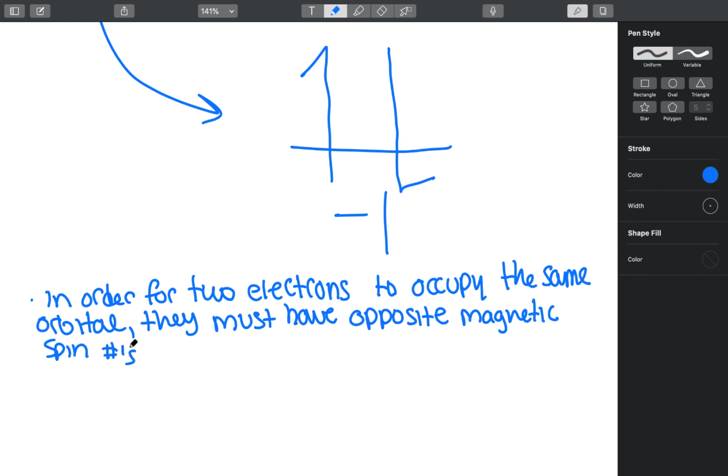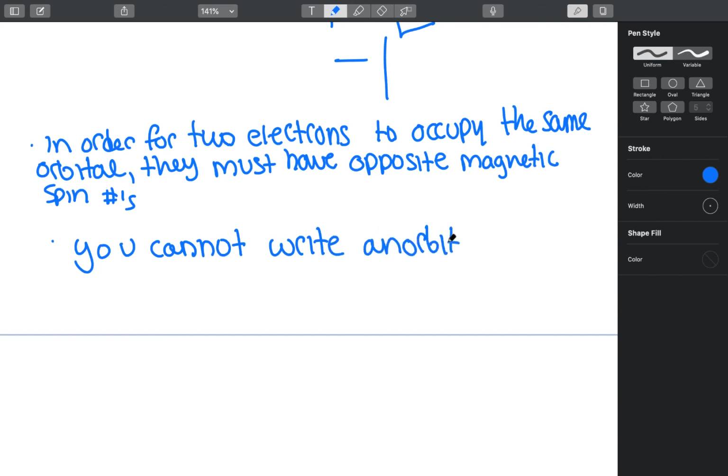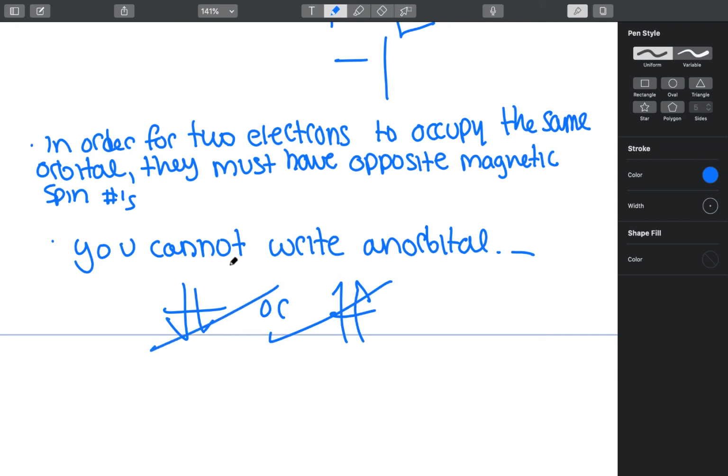So you cannot write an orbital with 2 electrons in it like this, or like this. These two are wrong. The only way you can write it is if one has a plus 1/2 magnetic spin quantum number and the other one has a minus 1/2 magnetic spin quantum number. So that is the Pauli exclusion principle, and this will prove to be very important in the next lecture.